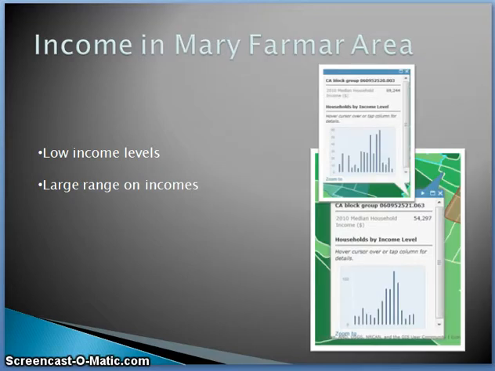Mary Farmer also has a range of income levels, but to a lesser degree than the Semple elementary school area. If you click within each of those areas within the Farmer area, you can see different bar charts pop up with a slightly different range. But again, they are primarily high income levels.